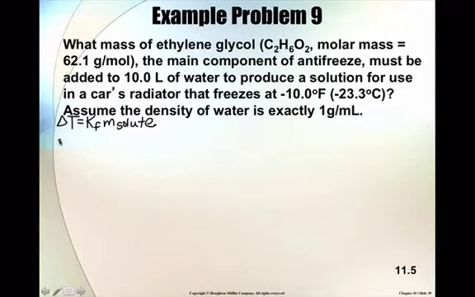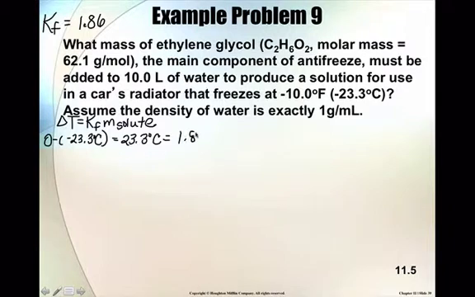So delta T in this case, because we're talking about water, we're going to say is 0 minus -23.3 degrees Celsius. So that'll end up being 23.3 degrees Celsius is equal to the KF, if we look it up for water in that same data table, is 1.86.